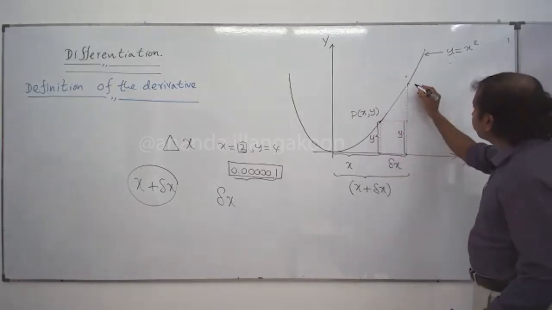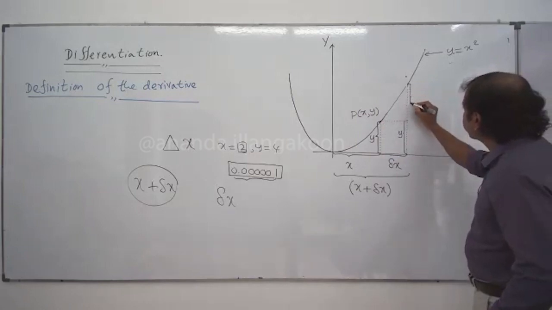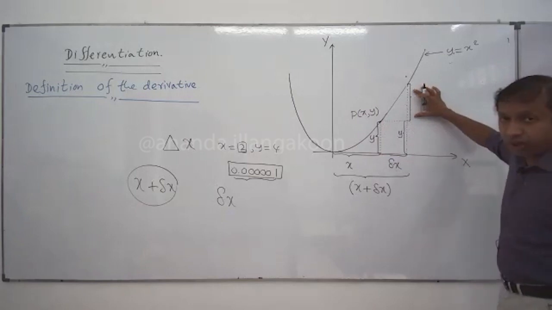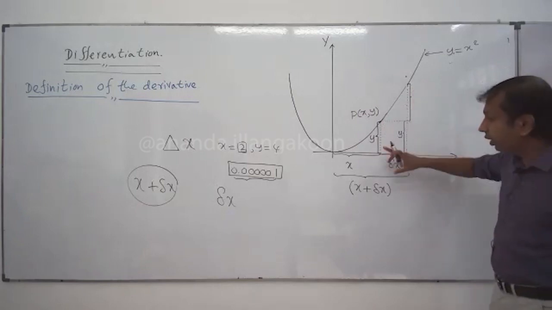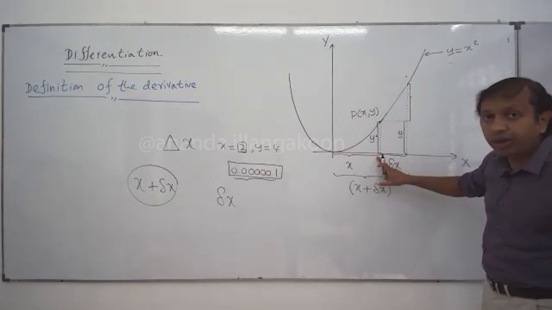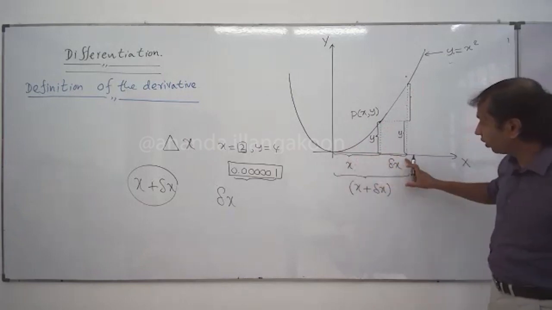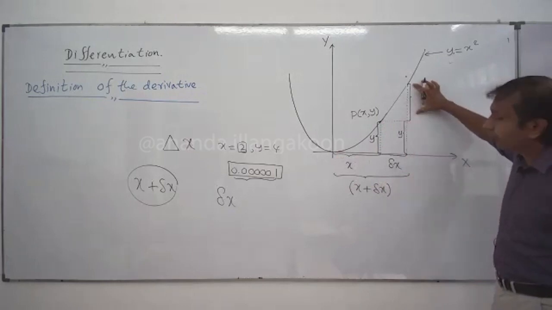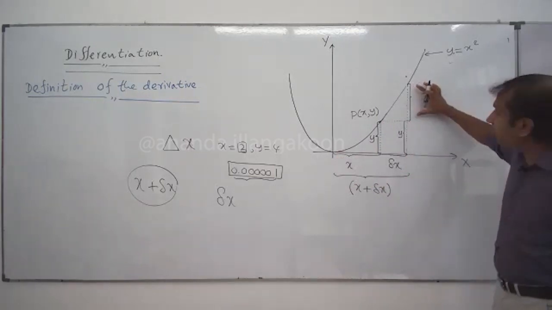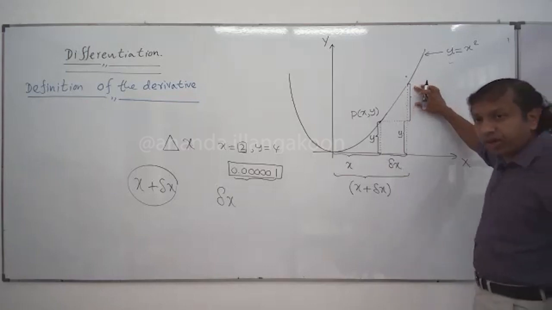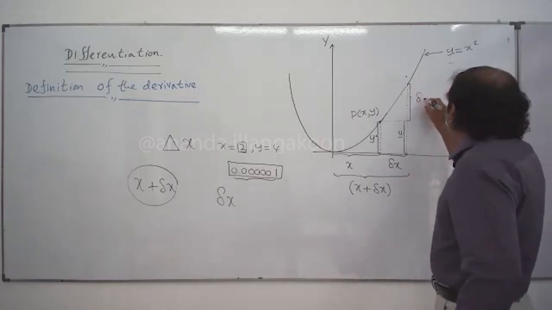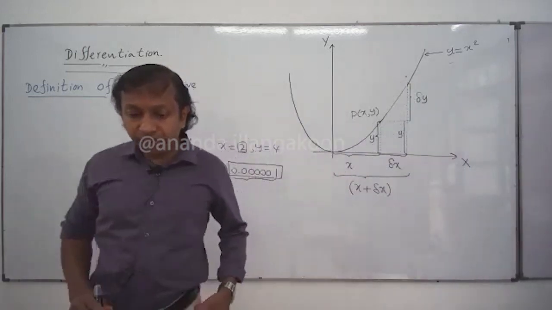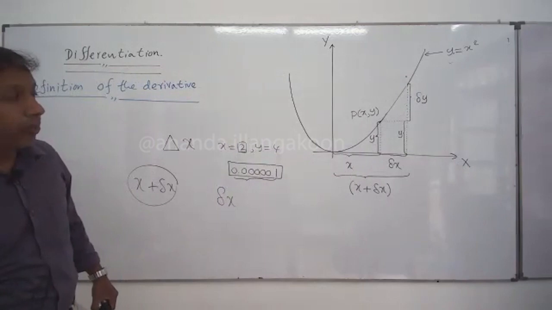Now the extra increment of y we can see here. This extra increment of y occurred due to the increment of x by delta x. X has been increased by delta x, people. Due to that only this extra y value increased. So this increment of y we denote by delta y, because that is a small increment in y.